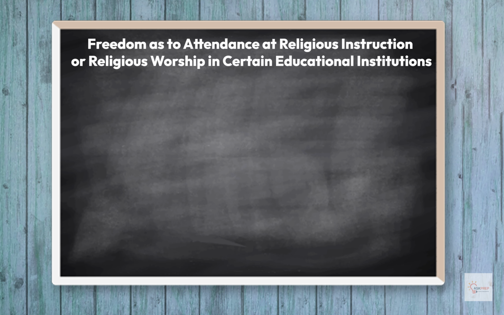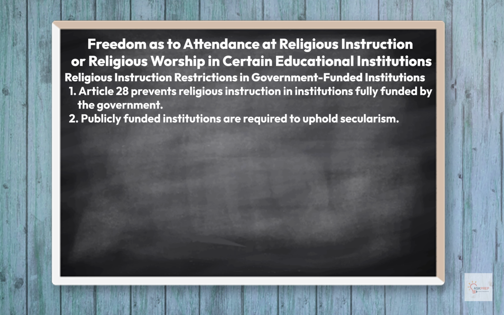Now let's talk about the fifth point, Article 28, freedom as to attendance at religious instruction or religious worship in certain educational institutions. Religious instruction restrictions in government-funded institutions. Article 28 prevents religious instruction in institutions fully funded by the government.